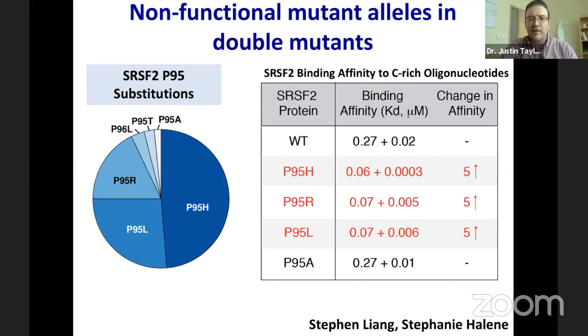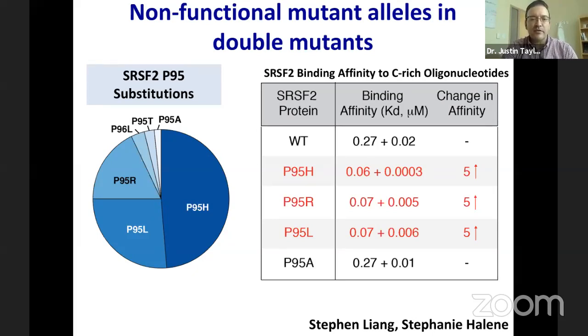However, you can see at the bottom there, the P95A variant did not change the binding affinity. So essentially this mutation has no effect. It's almost a missense mutation in that it does not affect the binding of SRSF2 protein, as do the more common amino acid substitutions.